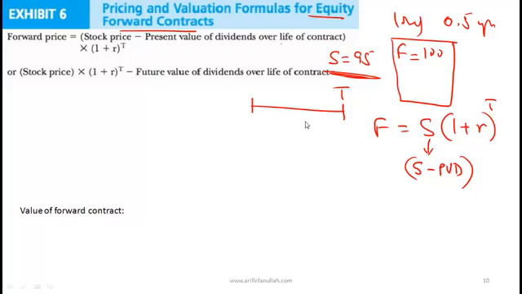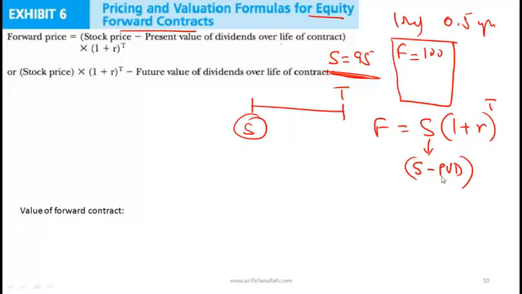Does that make sense? When you look at a given stock, say at this point, what is the value of the stock? The value of the stock is the present value of all future dividends. But if you are going to actually get the stock over here, then the dividends that you get during the life of the contract should be removed from the equation, because you are not getting those. How do you remove these dividends?